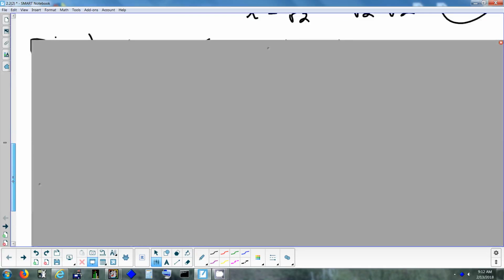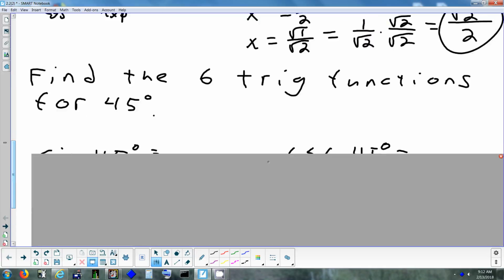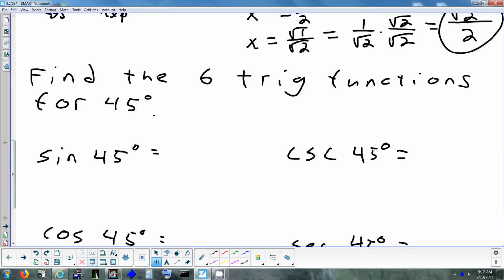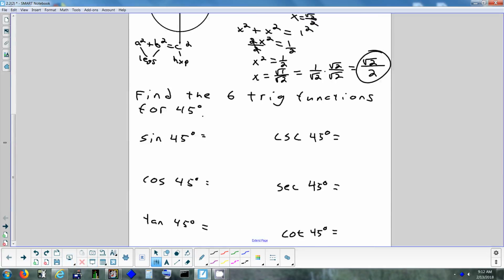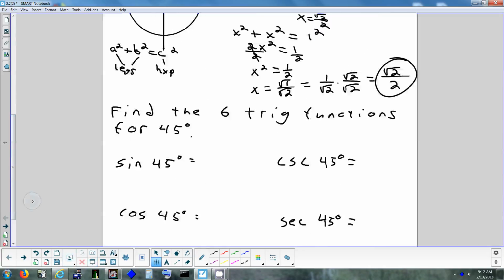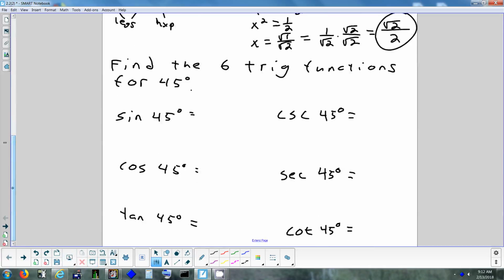All right, so let's go through and find the 6 trig functions for 45 degrees. Okay, I'll start you off with the first step, and then I'm going to give people a minute to try it on their own. What would be the first thing you have to do in this problem?